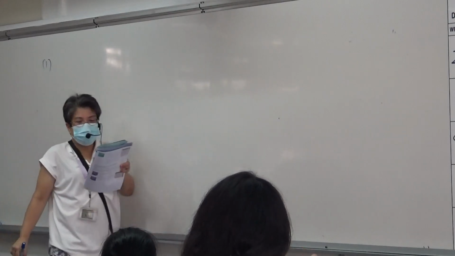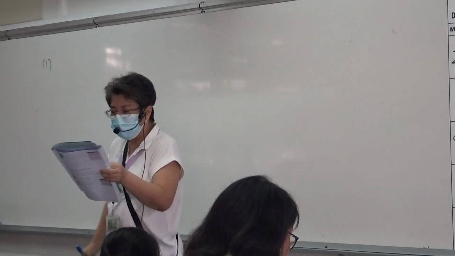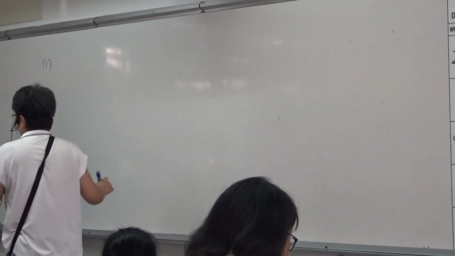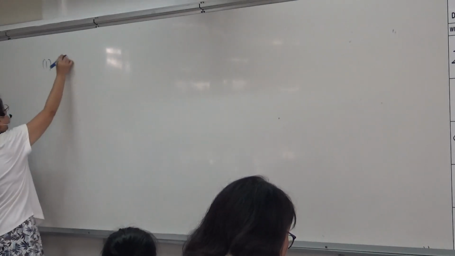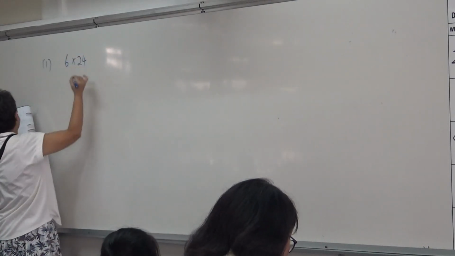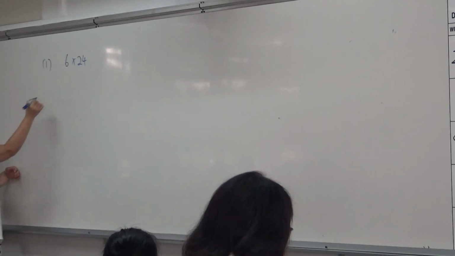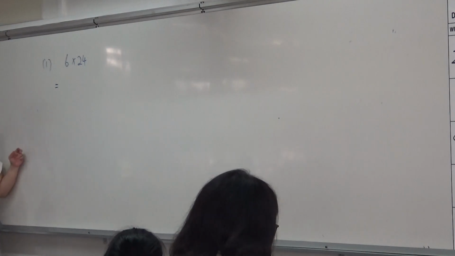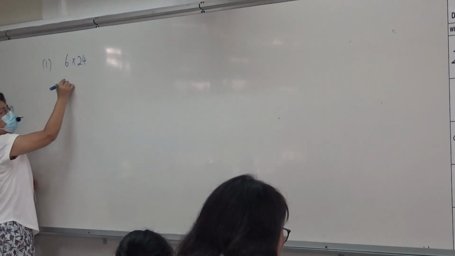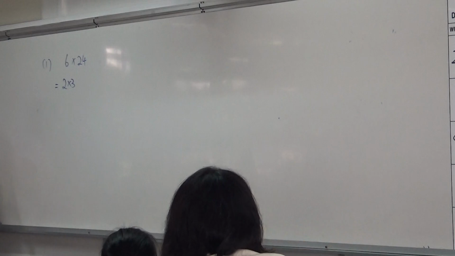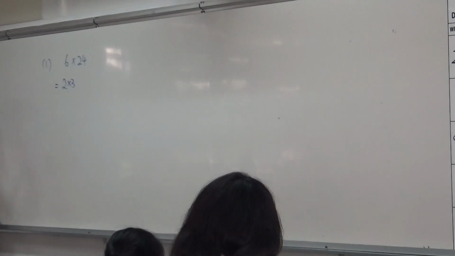Use prime factors to explain why 6 times 2 to the power of 4 is a perfect square. 6 times 24, sorry, is a perfect square. Now, all of you look up here first. 6, I don't need to do that. It's just 2 times 3. Okay, all of you look up.